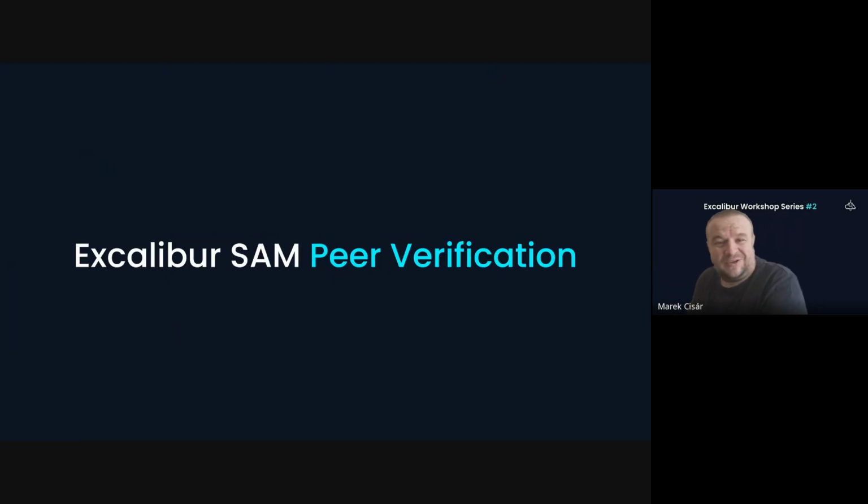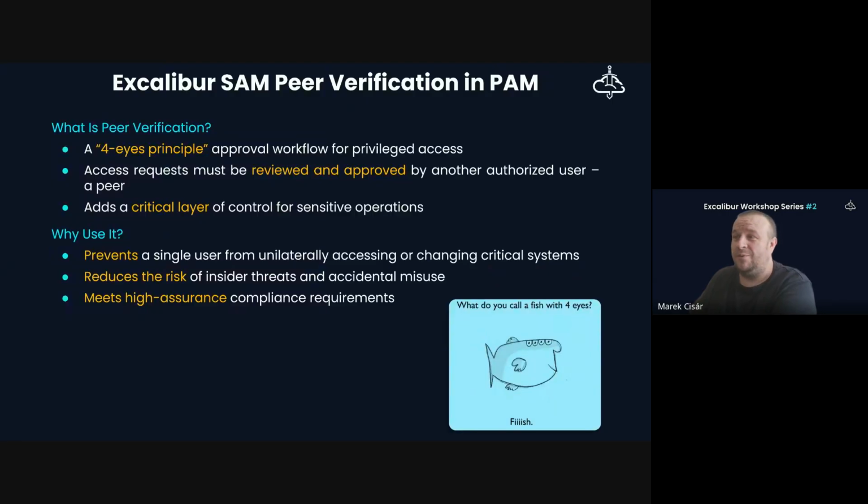Okay, let's talk a little bit about peer verification, but in the context of the PAM module. So first we need to define what peer verification really is. Basically, it's the principle of 4 eyes. Not those 4 eyes in the picture, but the second pair of eyes of, for example, the user's colleague or the user's manager, basically a peer.